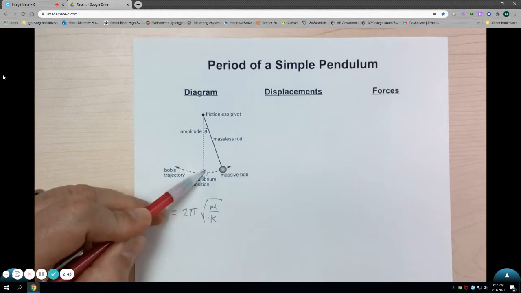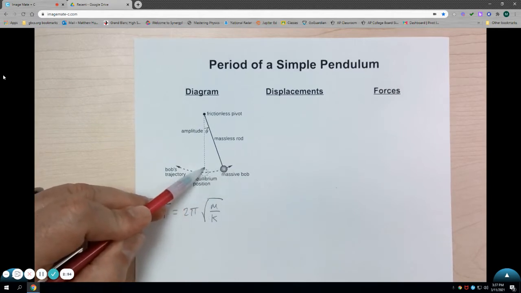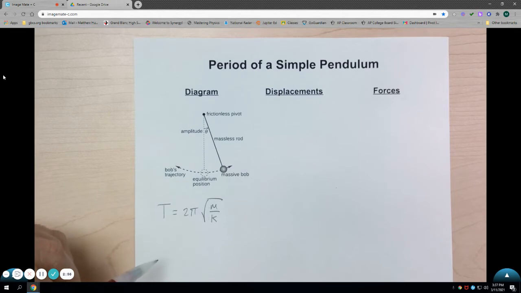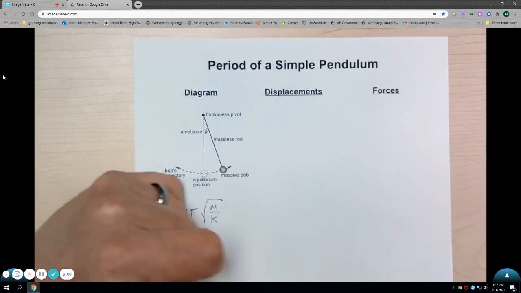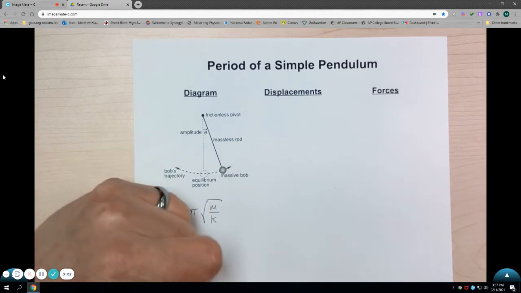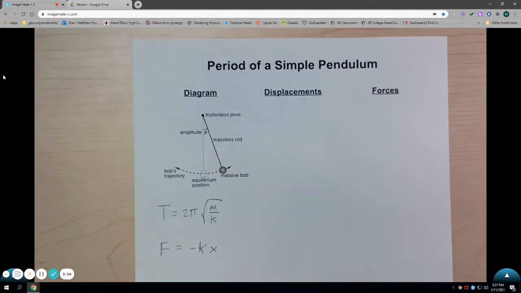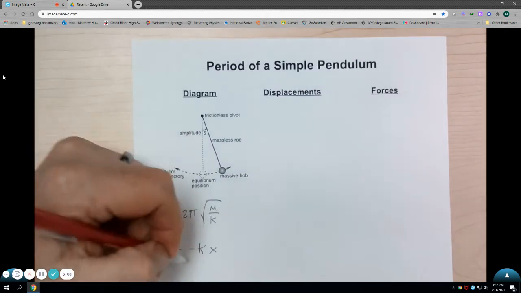Remember, k is the force constant for simple harmonic motion. It tells you how many newtons of restoring force there are pushing this thing towards the center for every meter of displacement from the center. Restoring force is minus kx. We need to know what k is for a pendulum here. So we'll get to the bottom of that.